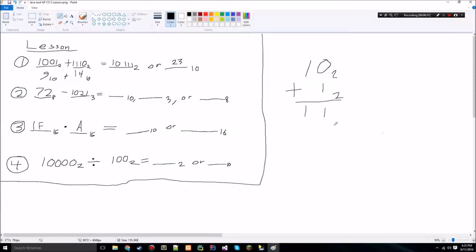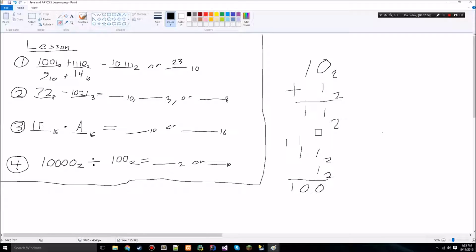Whenever you have to carry the digit, you have 1 and 1, that's 2. You can't have 2 in base 2, so you put down a 0, you carry the 1, and then you have 1 and 1 again, put down the 0, carry the 1, and you get 100. So that's 3 plus 1, so 4.